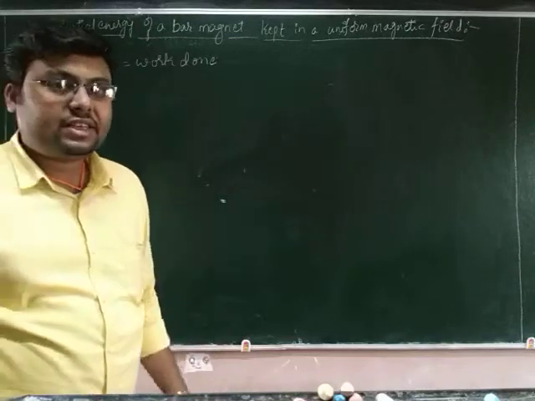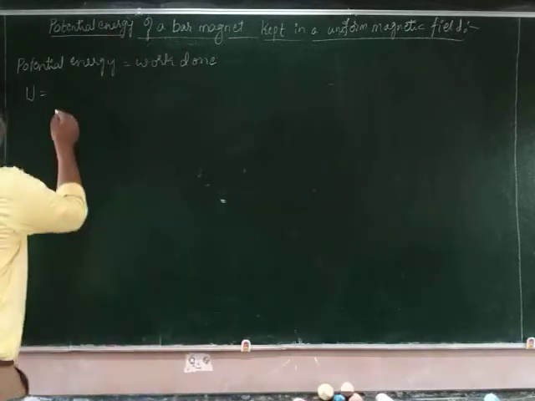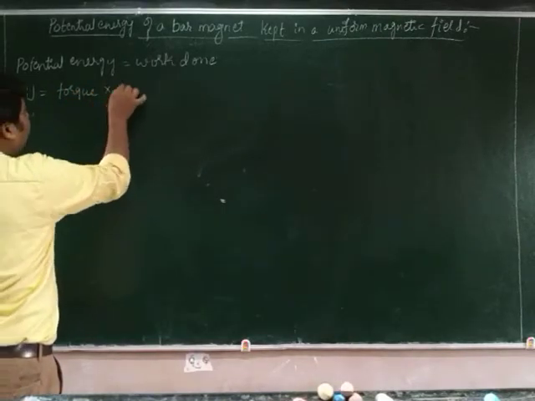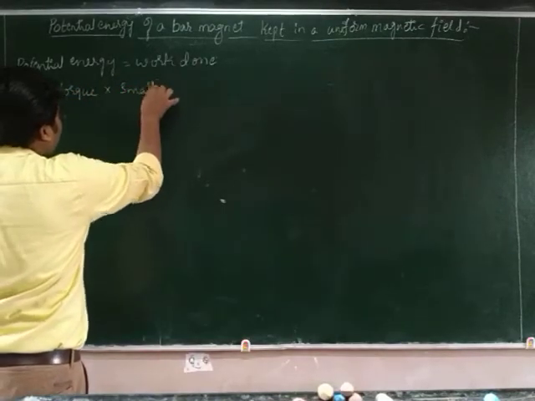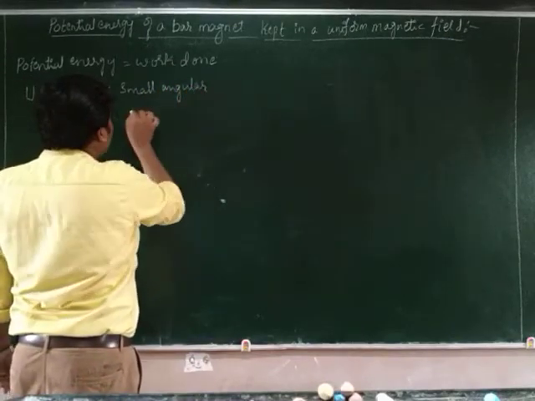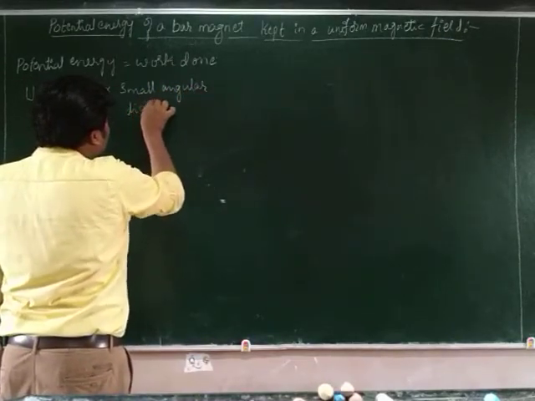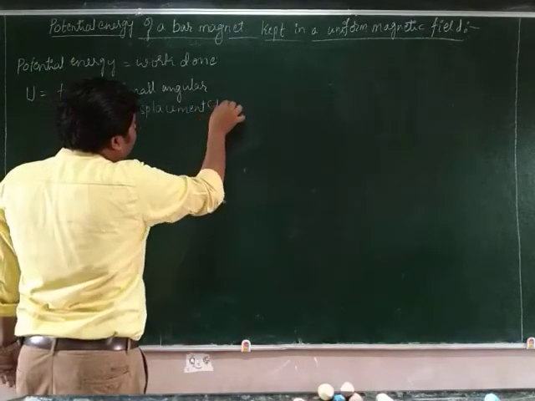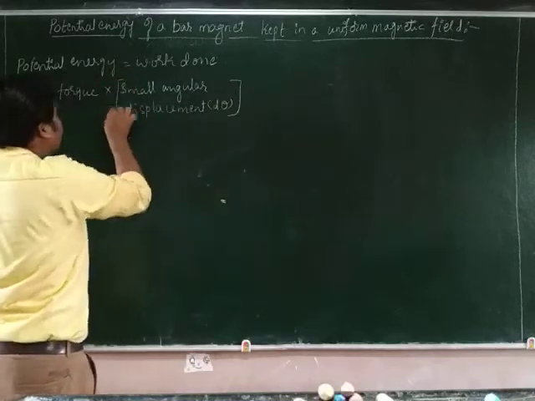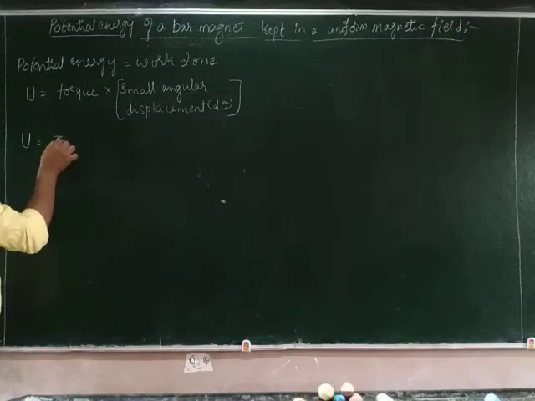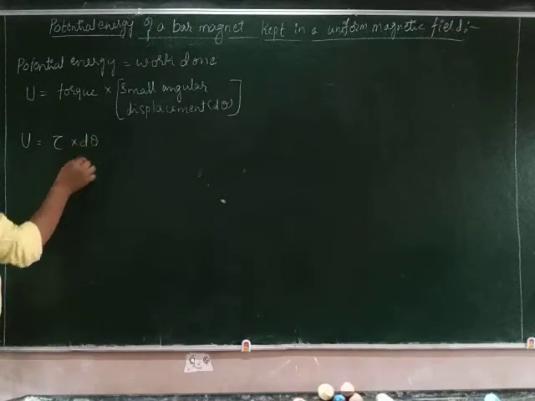For a small angular displacement d theta, torque into d theta. So that is U is equal to tau into d theta.